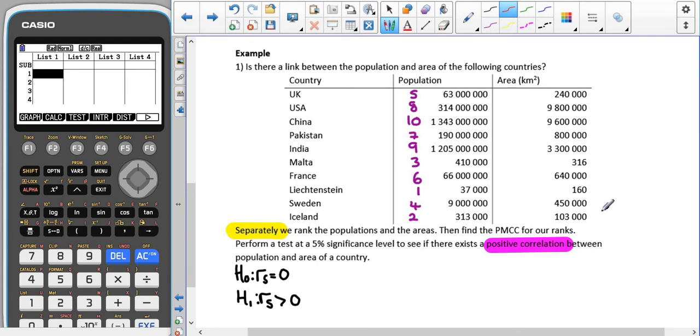Then we need to rank the areas, again, smallest to biggest. If you did have to do biggest to smallest, then you would rank everything biggest to smallest. So just bear that in mind, that you need to rank these two sets of data in the same way.